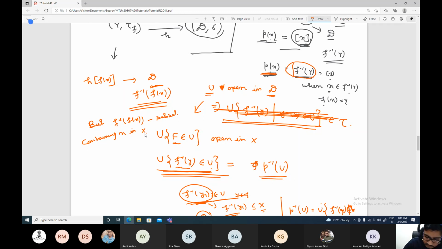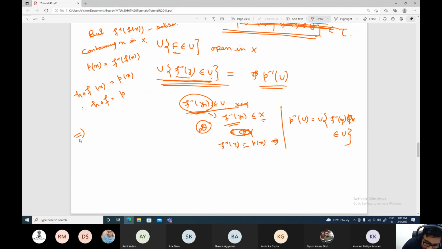So what we can say is that p of x is actually F inverse of fx, and therefore h composed with f of x is equal to p of x. So h compose f is equal to p.